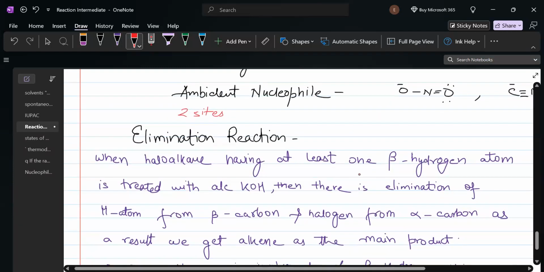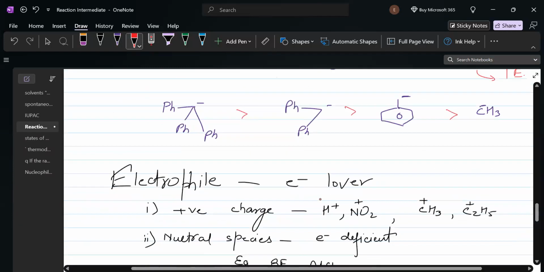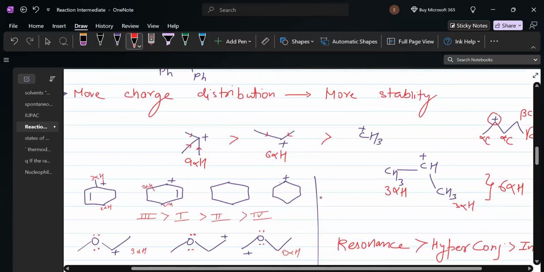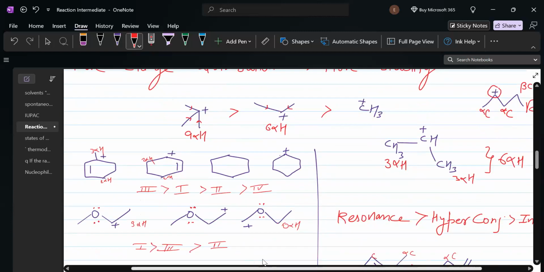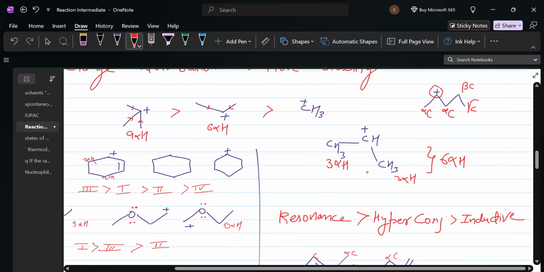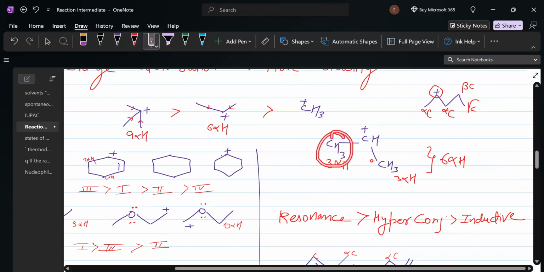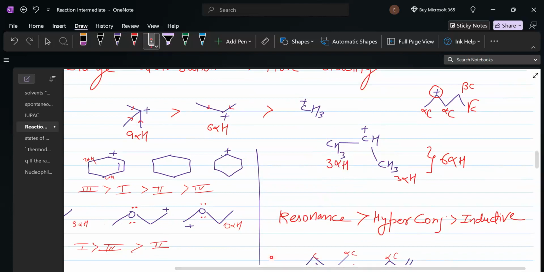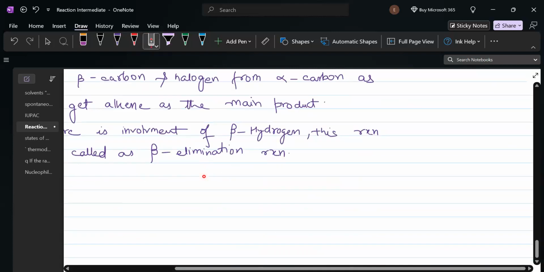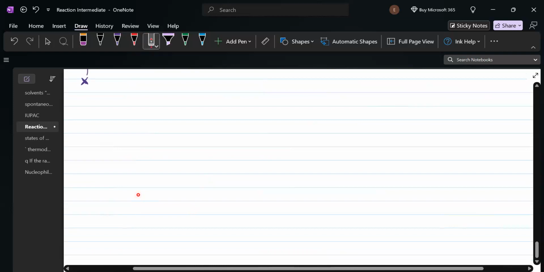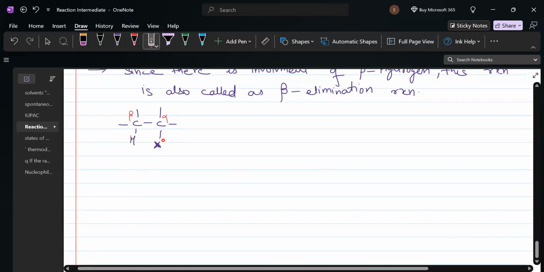Let's see. Like here, what was the definition? The alpha carbon was the carbon which is attached to the carbocation, right? So in this example, can you see it here? Yes, sir. In this definition, the alpha carbon is the carbon on which halogen is attached, and the next carbon is known as beta carbon.